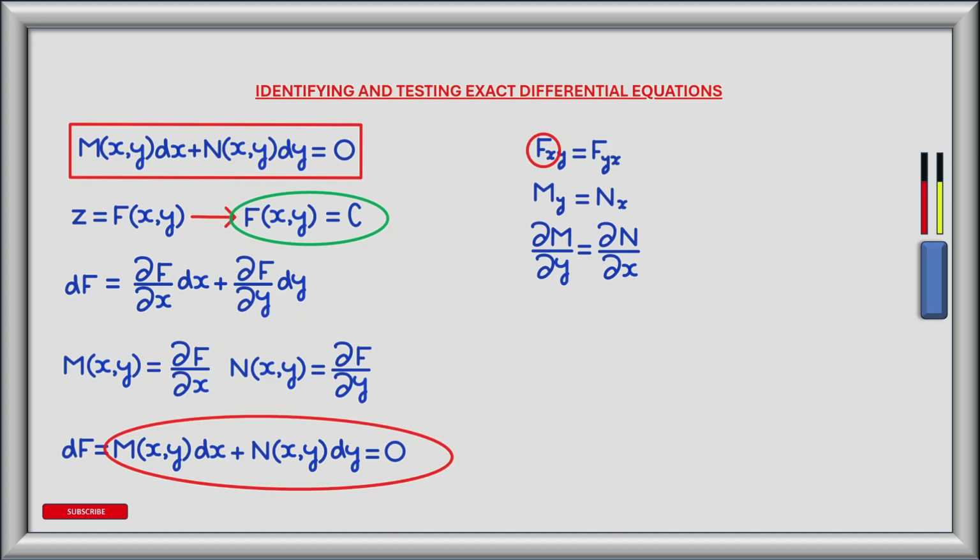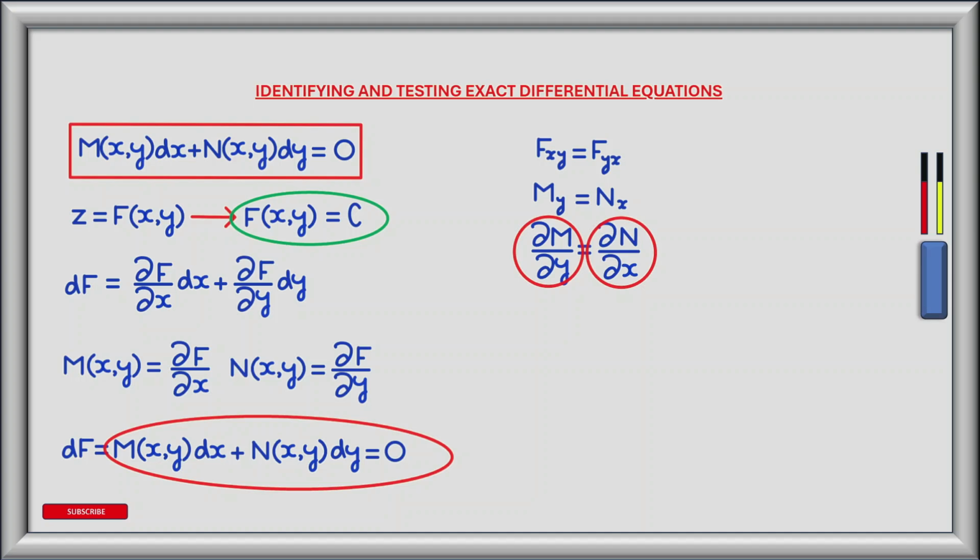Now, we know that the partial derivative of f with respect to x is the function m, and we know that the partial derivative of f with respect to y is equal to the function n, and therefore the partial derivative of m with respect to y is equal to the partial derivative of n with respect to x.